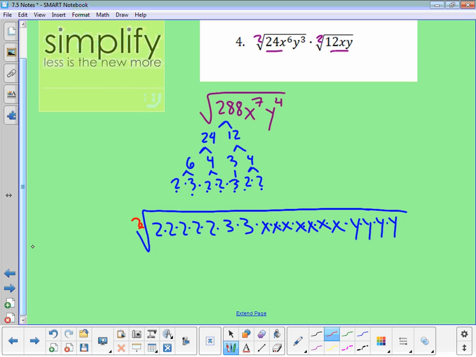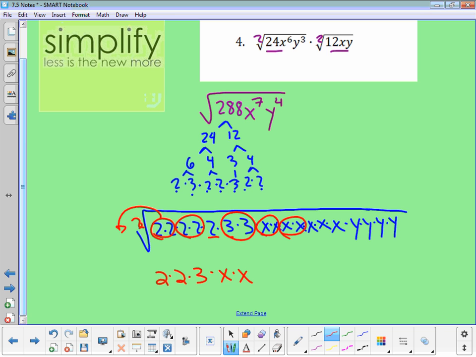Any group of 2 that I can pull out, I'm going to take out to the front. So here's 2, comes out to the front. Here's another group of 2, comes out to the front. This 2 doesn't have a pair, so it has to stay underneath. Here's a group of 3, makes 1 3 out front. Here's a group of x's, makes an x out front.